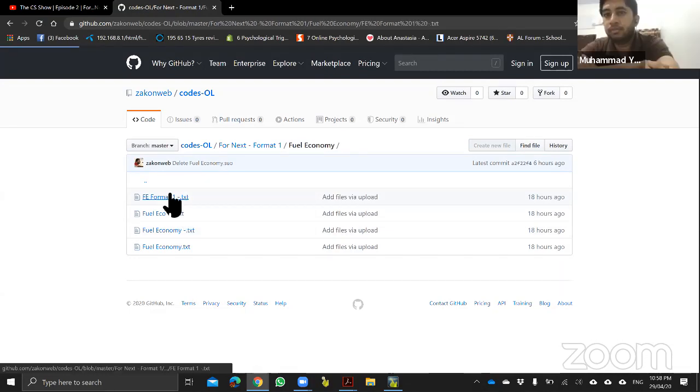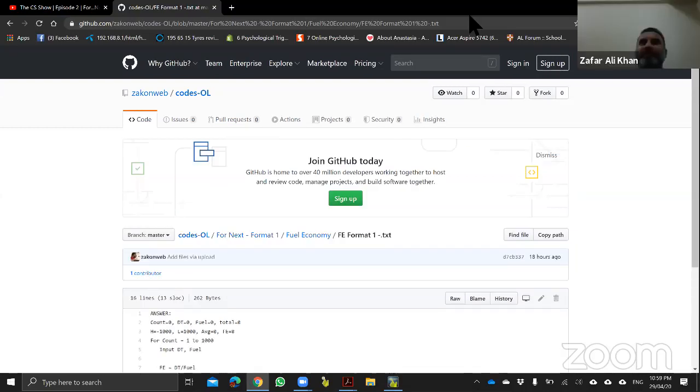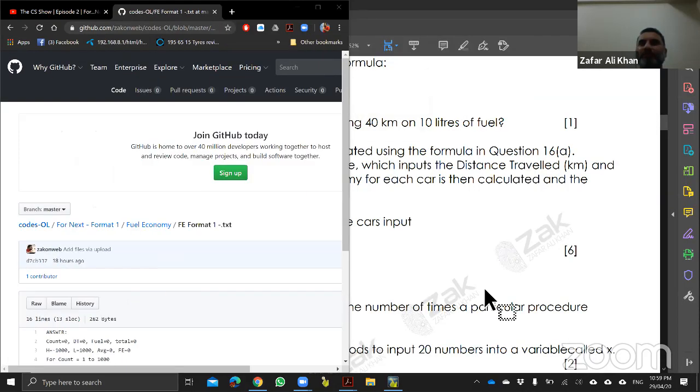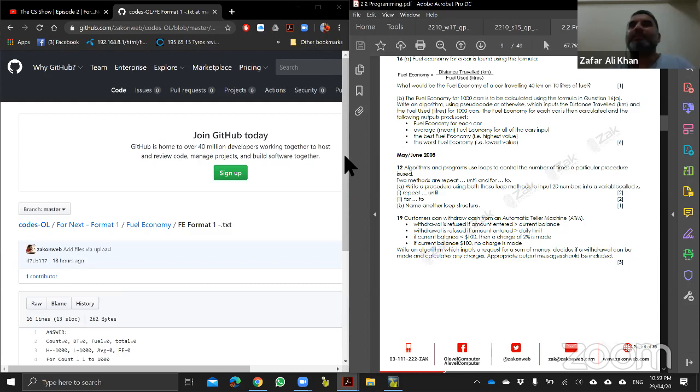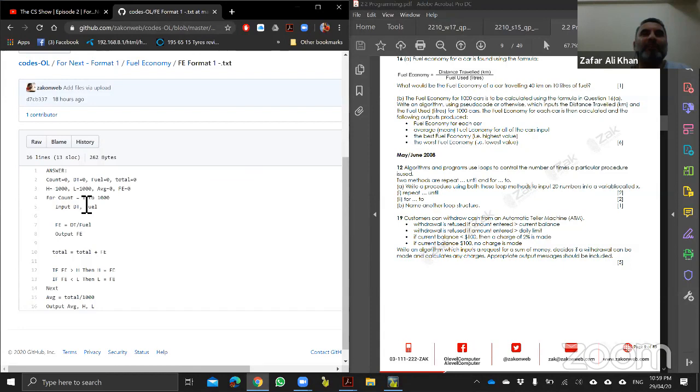So, the fuel economy question. It says that the fuel economy for 1000 cars is to be calculated using the formula in question A. So you can see that we have written for count equals 1 to 1000.